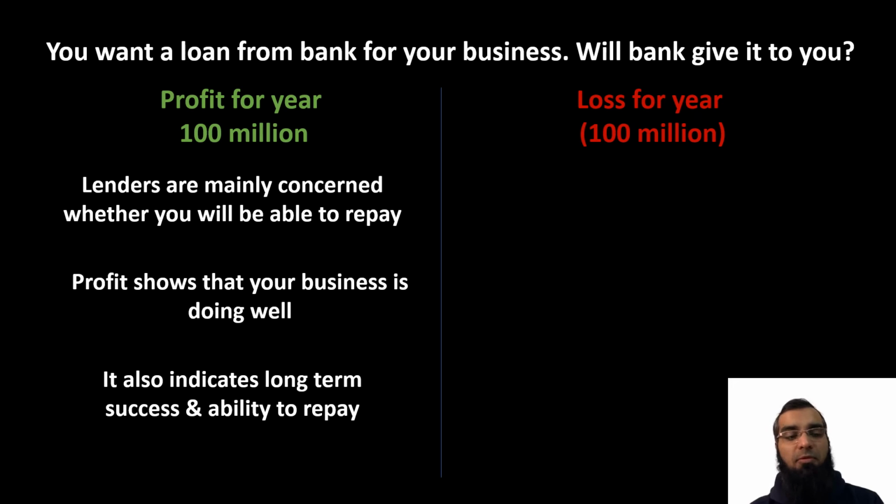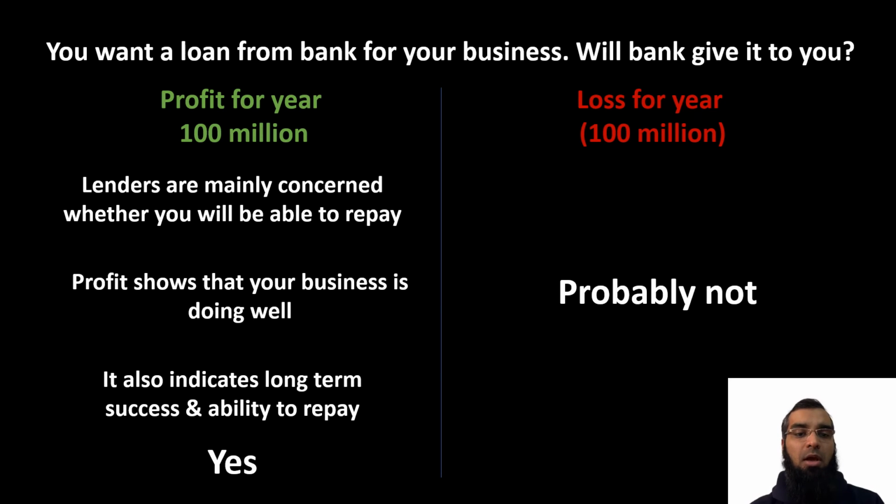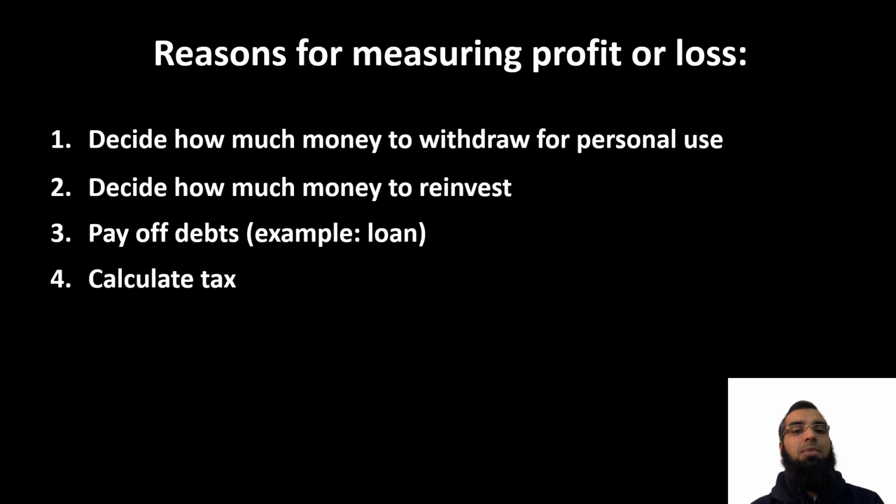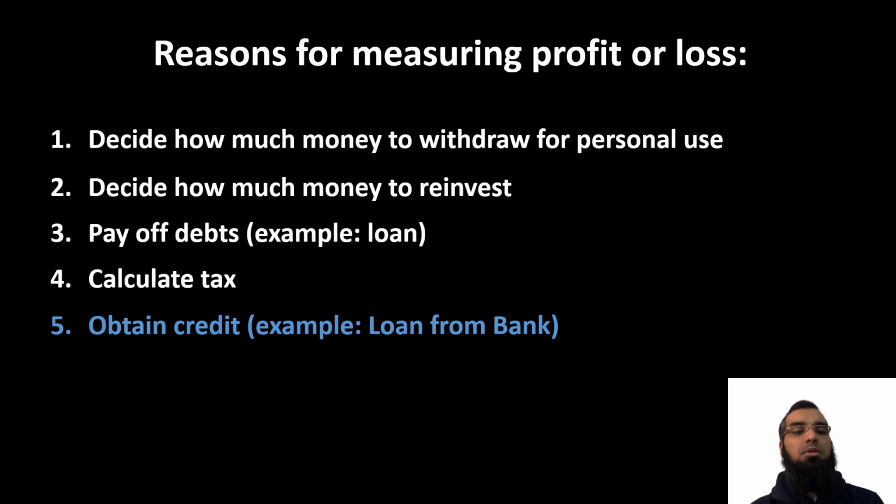We'll make even more profits in the future, and therefore the bank will be reasonably assured that yes, they will be able to repay our loan. So yes, the bank probably will lend you money. However, if you are making a loss, then the bank would probably not be willing to risk lending you money. So measuring profit or loss is also important to obtain credit from lenders.